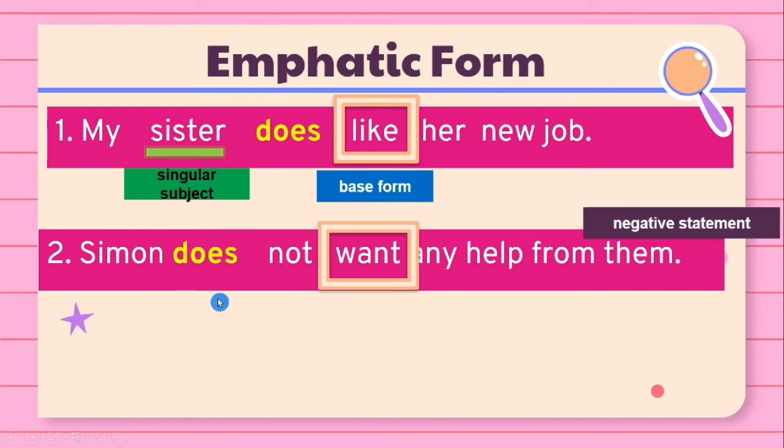This is because our subject is singular. We have Simon as our subject in the sentence. So again, take note for your sentence pattern here. You should have a singular subject followed by does. And then to make your statement negative, you could add not in your sentence. And then your verb should be on its base form.